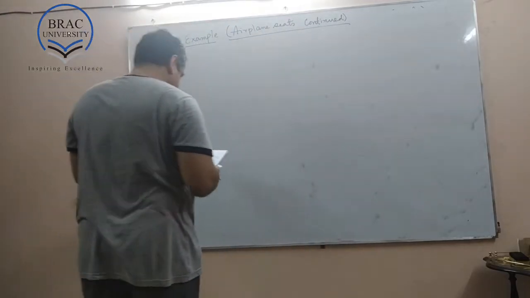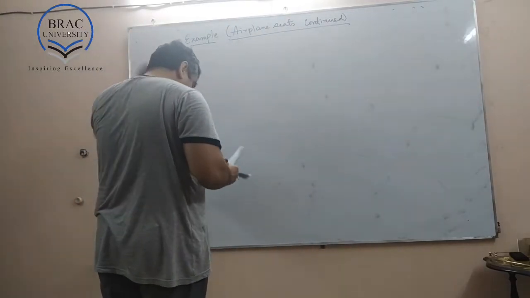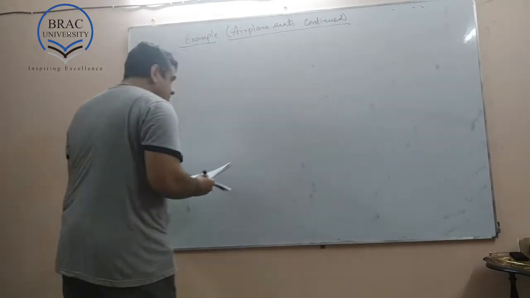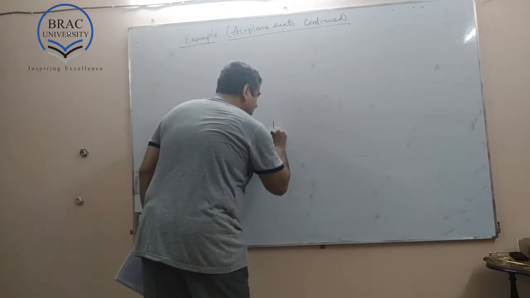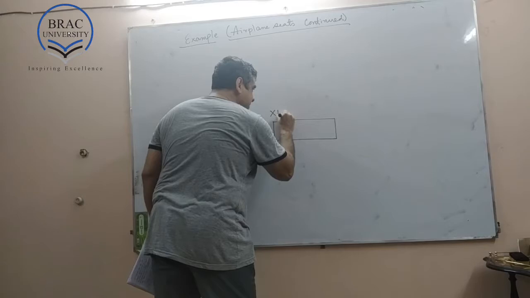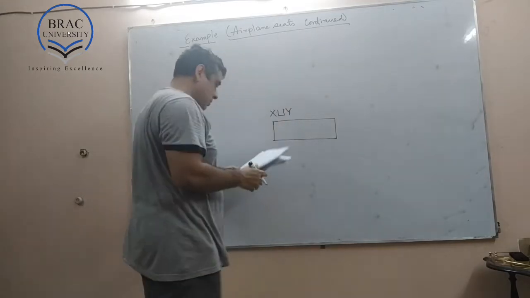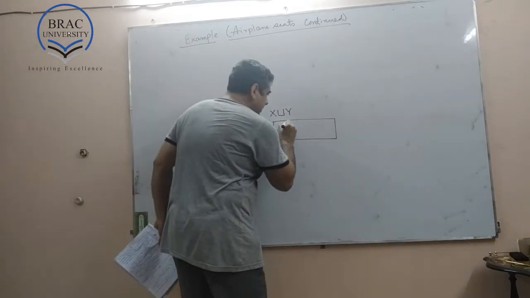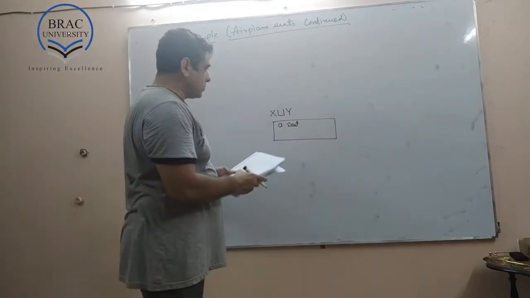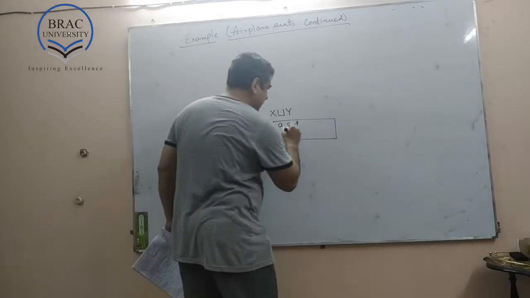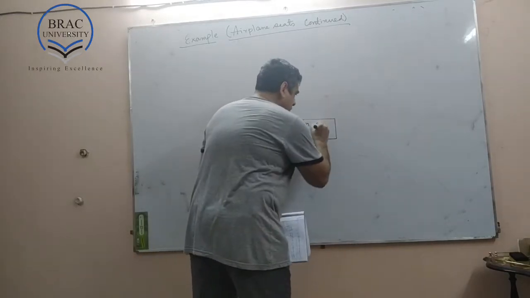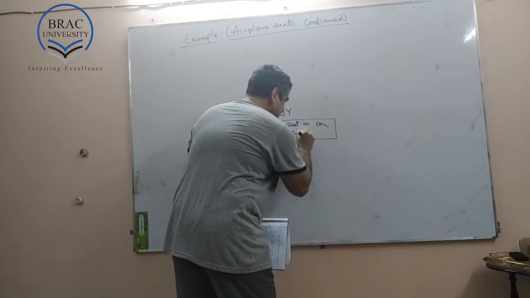So let me draw the figure first. What did we have initially? We had this coproduct here, which we denoted by X disjoint union Y, a seat in an airplane. If you go back to the previous segments, you will find it there.